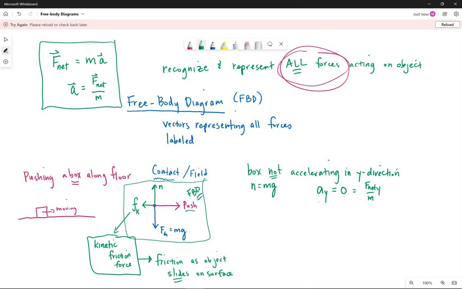So if I know there's no acceleration in the y direction, then the forces in the y direction need to add up to be 0. So since I have just the normal force up and the force of gravity down, they have to be equal.